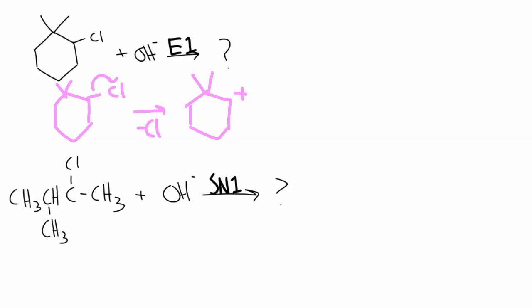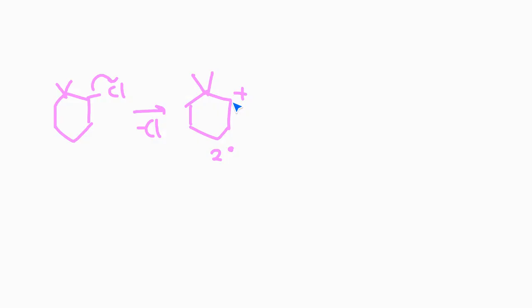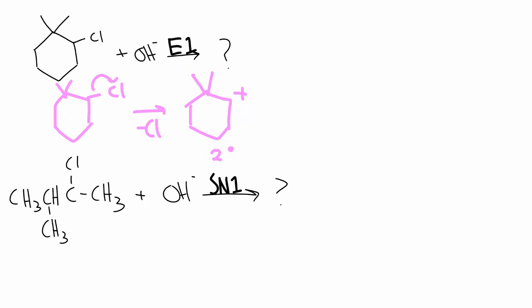Okay. So this is a secondary carbocation. But I have this handy little carbon here. There are two methyl groups on it. So if I take one of these methyl groups and switch it on over here, the methyl group and the positive charge will switch places.